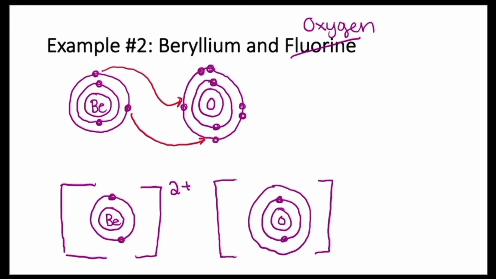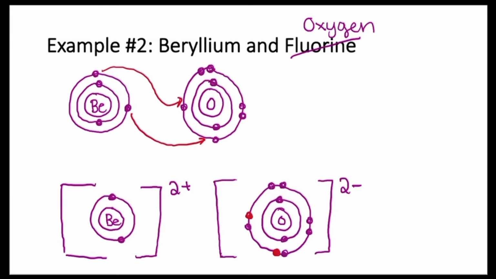And then you've got your outer ring, which has 1, 2, 3, 4, 5, 6. And then I'm going to symbolize these other 2 in red, 7, and 8. And this has a 2- charge because it has gained 2 electrons.